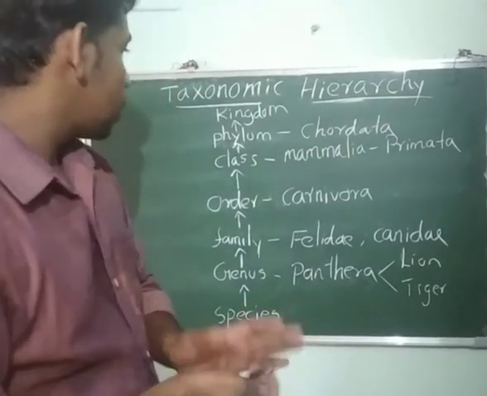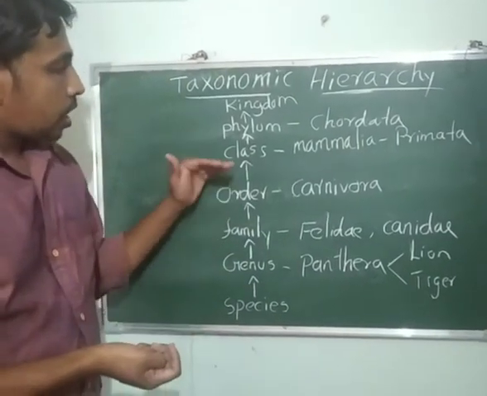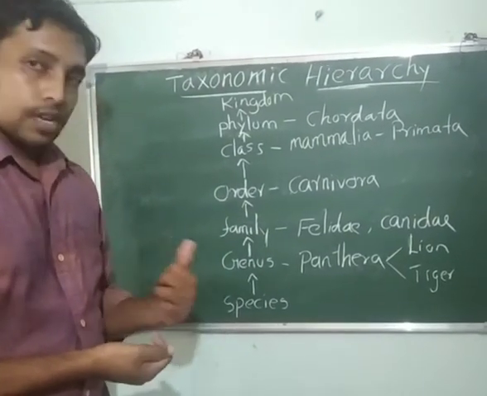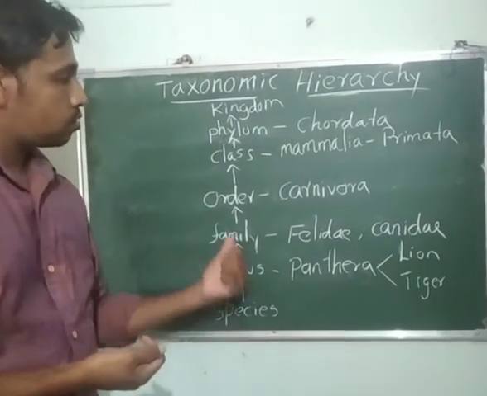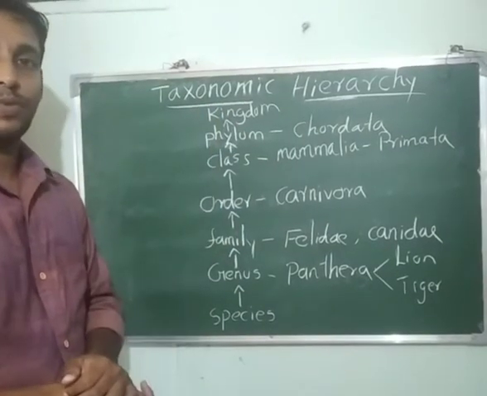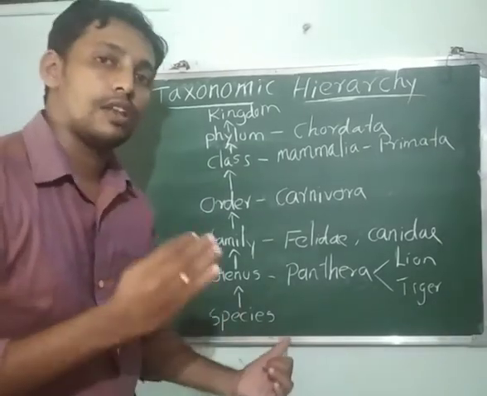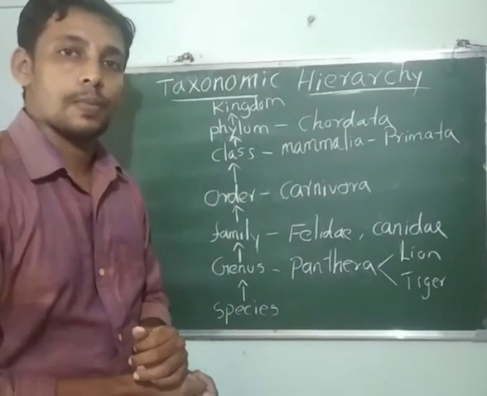Okay. Then the next higher level is what? Class. Now it is coming from the species to kingdom. In the species level, we can see the most similar organisms.